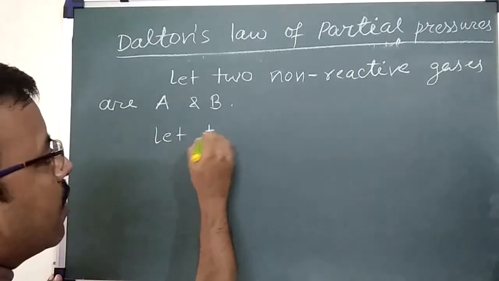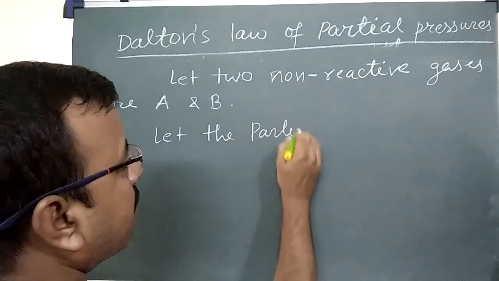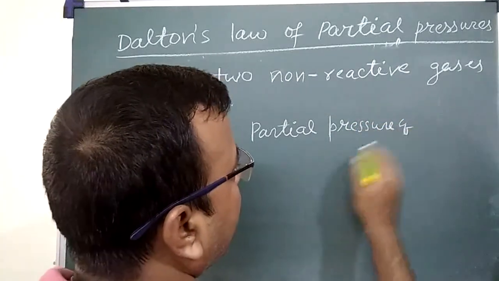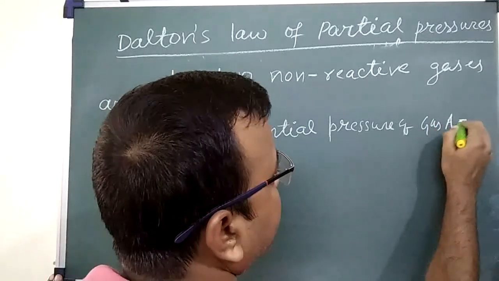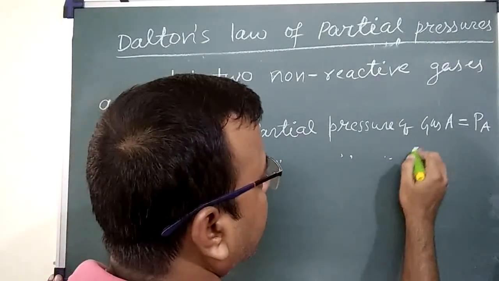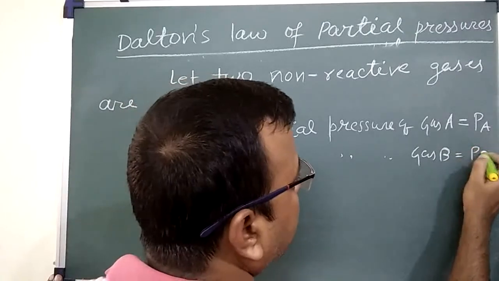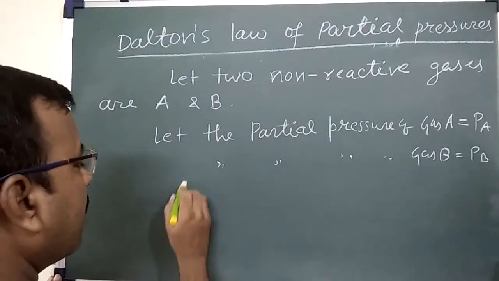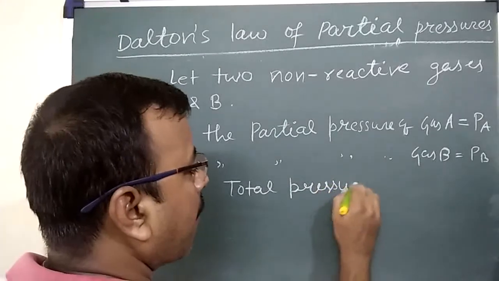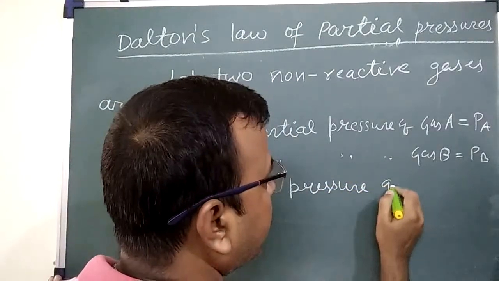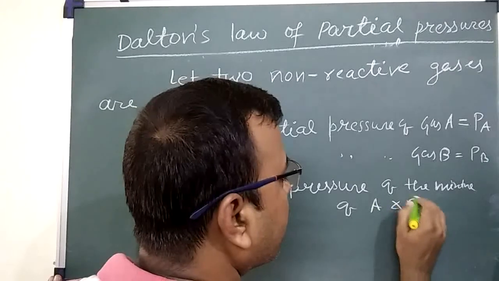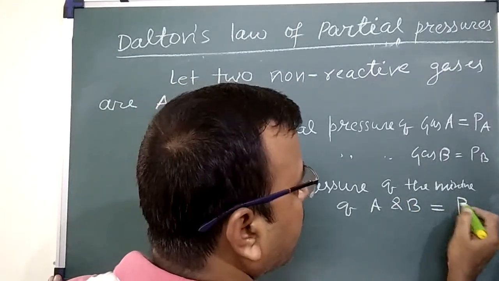Let the partial pressure of gas A be PA and the partial pressure of gas B be PB, and the total pressure of the mixture of A and B be P total.